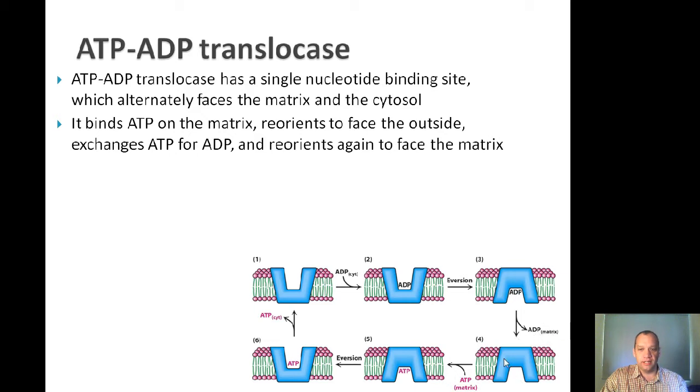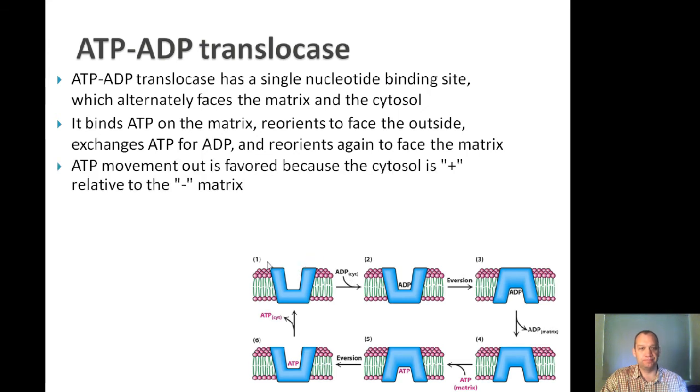And once the translocase now faces the matrix side of the mitochondria, it can take up an ATP and bind this ATP. This will cause an eversion again, a conformational change, so that the ATP now faces the cytoplasmic side where it will dissociate and the cycle can continue, so the translocase can bind an ADP again.